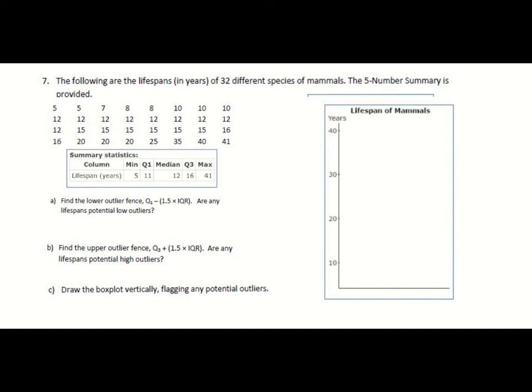So my quartile 1 is 11 minus my 1.5 times my interquartile range. So 16 minus 11 is 5. So you're going to get 11 minus 7.5 gives me 3.5. So since 5 is my lowest number, there's no low outliers.